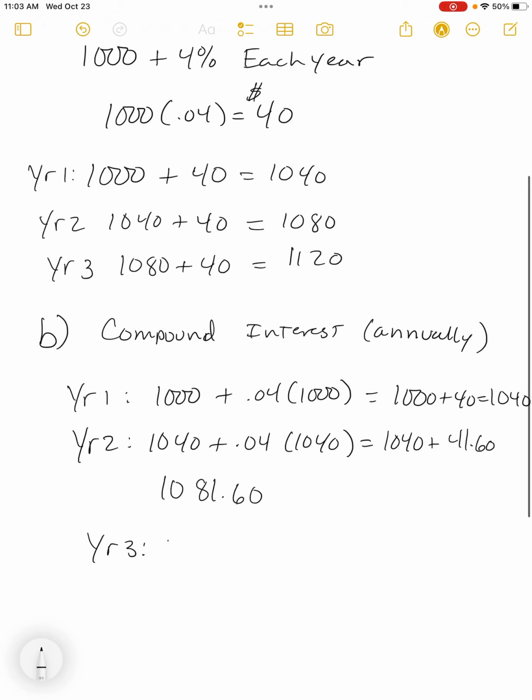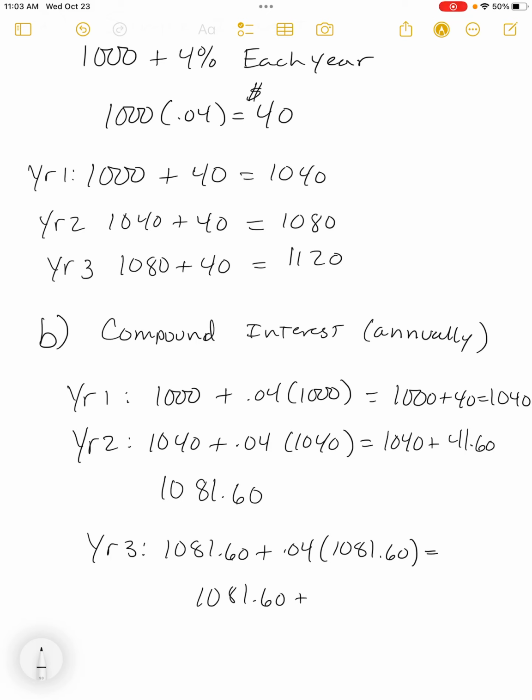Year three, I would take my 1,081.60 and add 4% of 1,081.60 and see what that is. So I take my 1,081.60 times 4%, and I get that I'm taking 1,081.60 and adding to it $43.26.